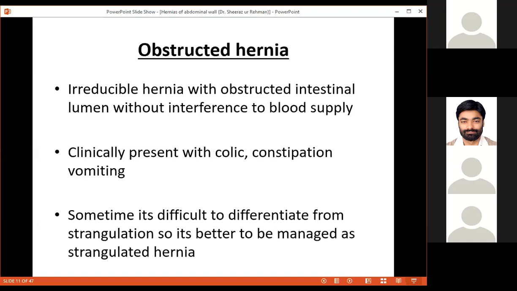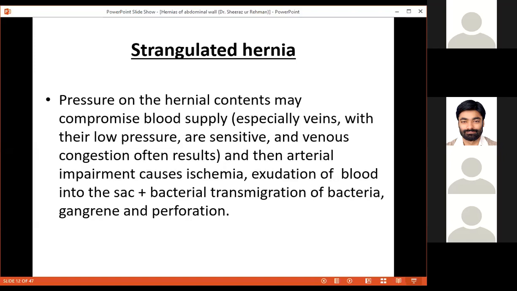So if you have an obstructed hernia or an inflamed hernia, and you are unable to differentiate it, it's better to manage them along the lines of strangulation rather than as an obstructed or inflamed hernia, because you are likely to save the life of the patient rather than create further morbidity and mortality.